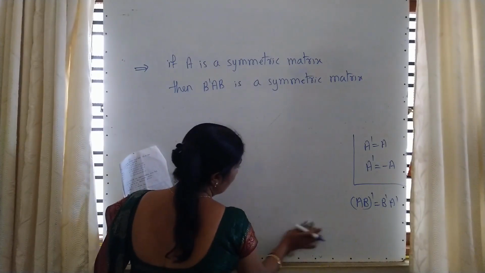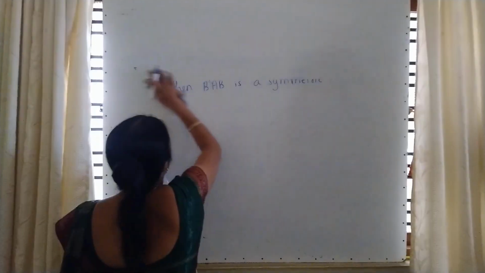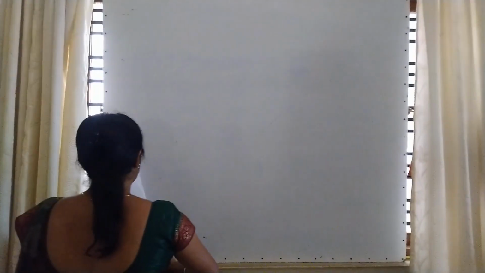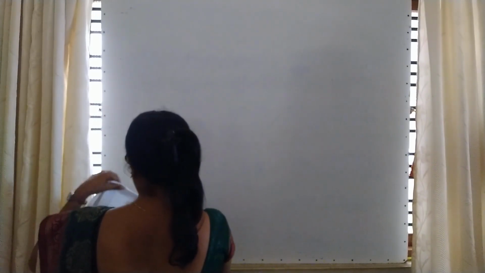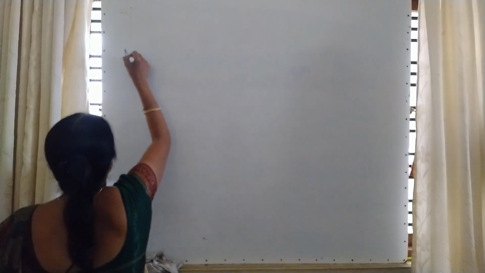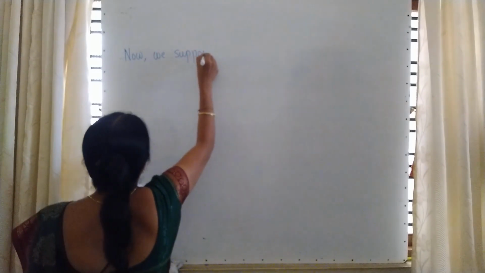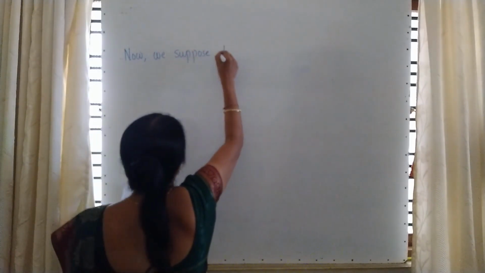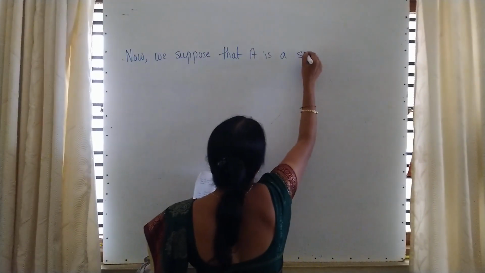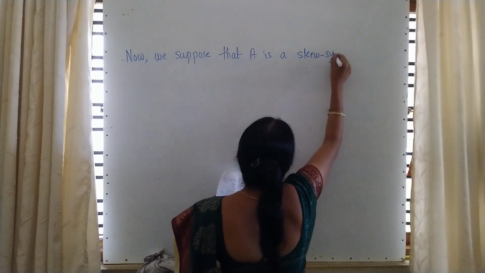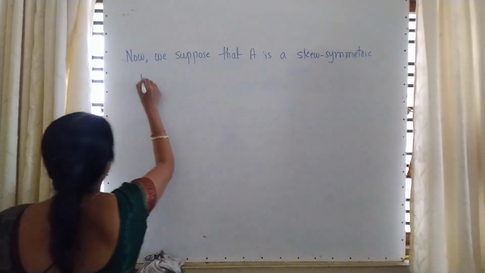Now in the next part I am starting with A is a skew symmetric matrix. Two questions are there. Now we suppose that A is a skew symmetric matrix.